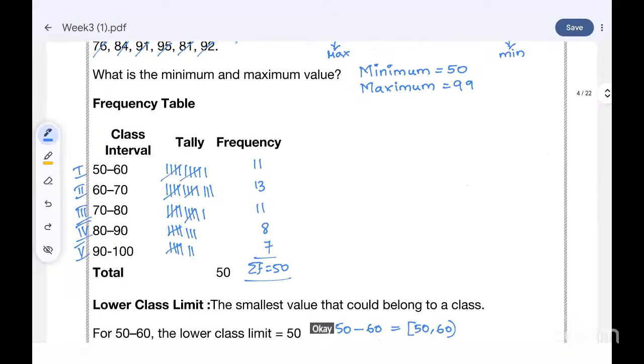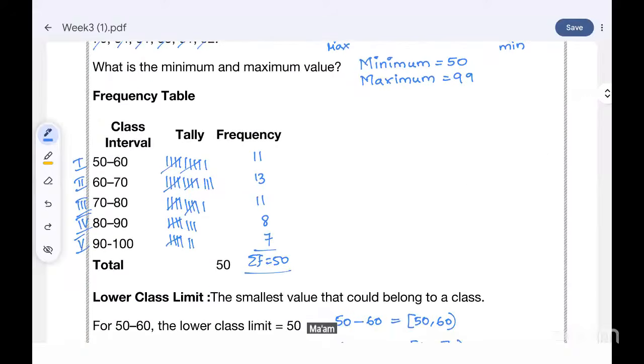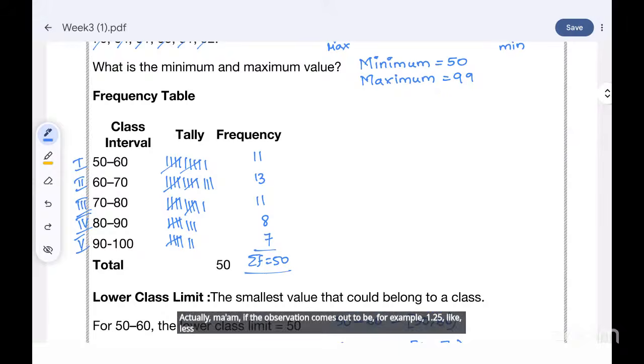Ma'am, I had a general doubt. Is it in this topic we are discussing or something different? Ma'am, it is related to the topic only, regarding quartiles. If the observation comes out to be, for example, 1.25, less than 0.5, which observation to take, the first one or the second one?